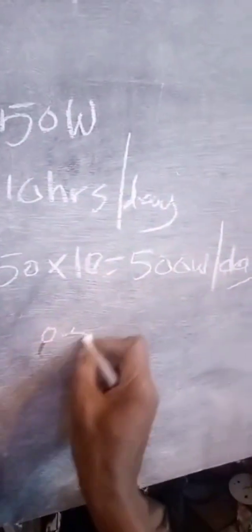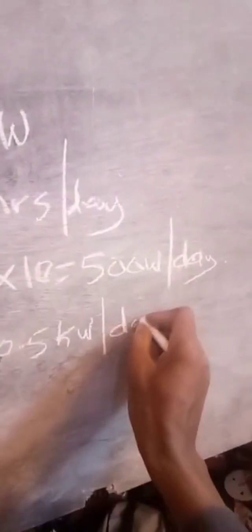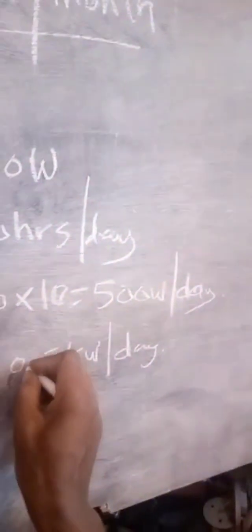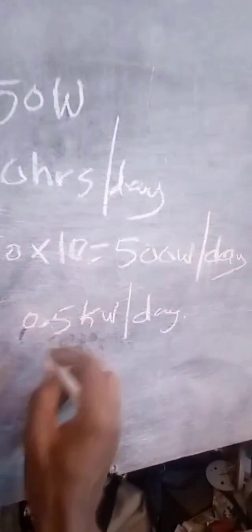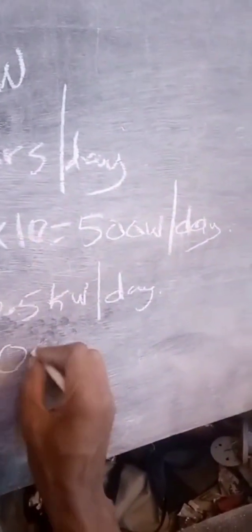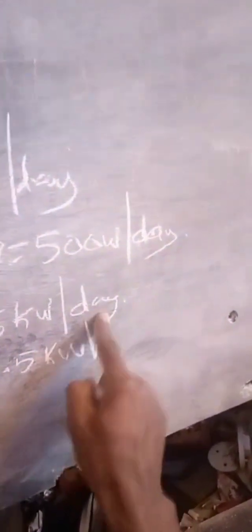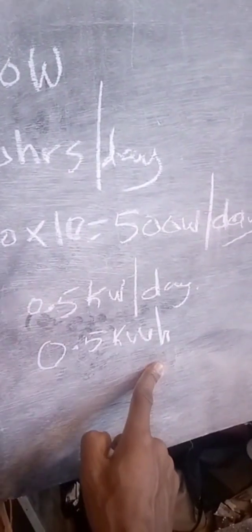That means I am using 0.5 kilowatt hours per day, which is in 10 hours. So if I'm using 0.5 kilowatts per day, it means it's 0.5 kilowatt hours, because we are multiplying by the number of hours in the day that I'm using it.